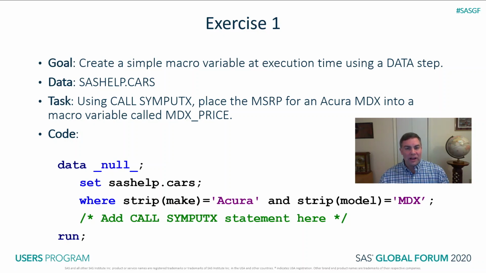So at this point, if you would like, you can pause the video, open up your SAS session, load the exercise 1 file where you should find this code, and then you can replace this comment with an actual CALL SYMPUTX statement to complete this task. I'll go ahead and do it here on the video, and there's also a solution file that is included with the workshop files that shows one way you could complete this task.